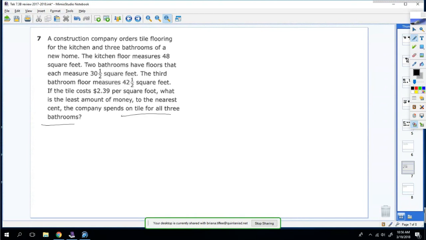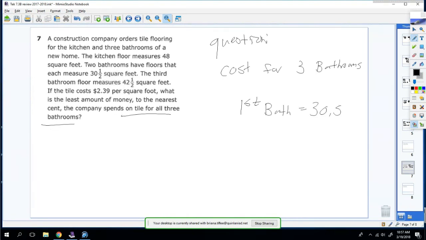So the question is cost for 3 bathrooms. Okay, so I want to find the area for each bathroom. So the first bathroom is 30.5.